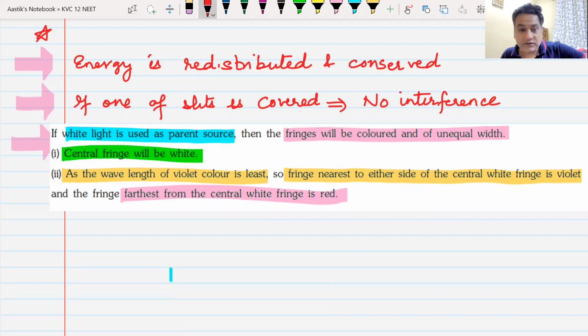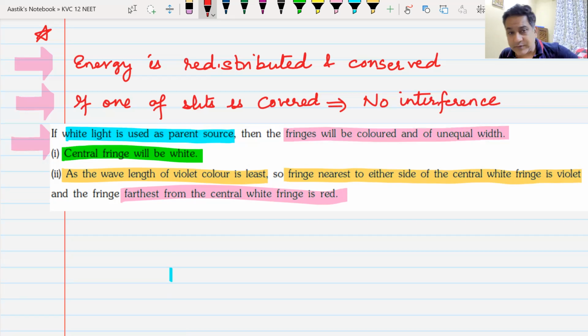The first point was that energy is conserved in interference. It is just redistributed. At dark points we have no energy, but at bright points we have the rest of the energy. If one of the slits is covered, we will not have any interference because it needs two coherent sources. The third point was that if white light is used, which consists of 7 different colors, the violet fringe will be next to the central fringe.